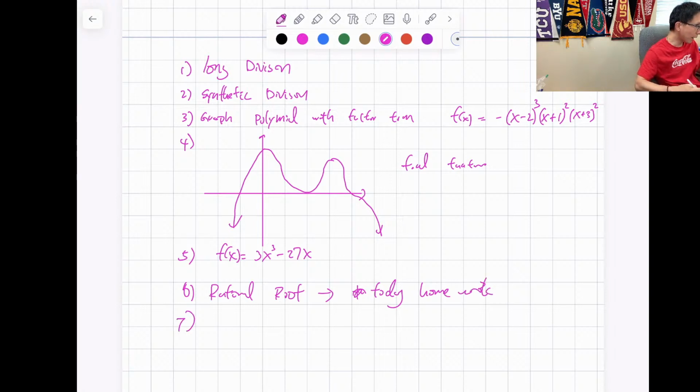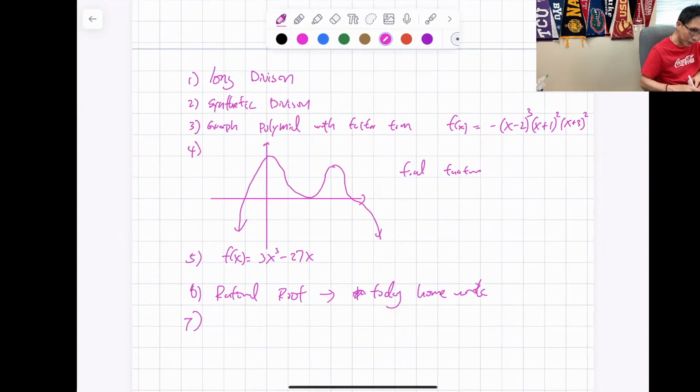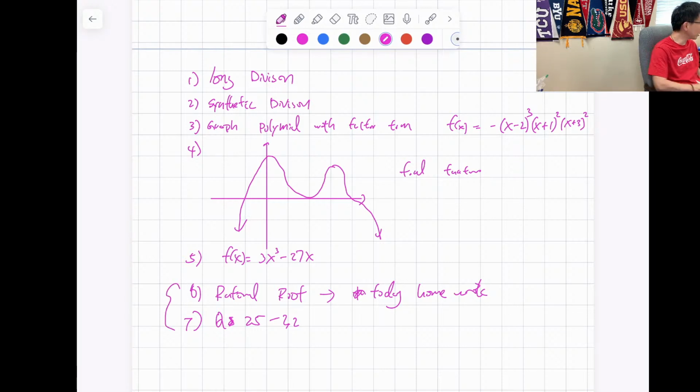Today's homework also has another question, 25 to 32, where I tell you the degree of the function and how many zeros there are, and then you tell me the polynomial. That's about 45% of the test.